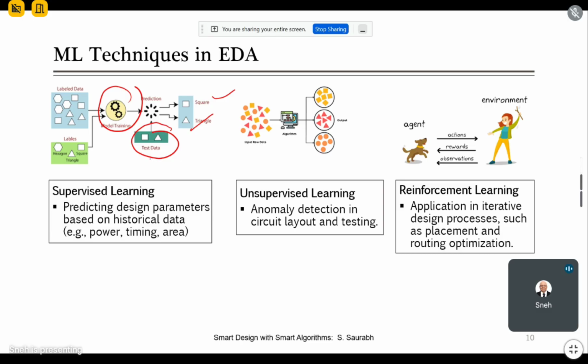For example, if you have an ANN, an artificial neural network, the neural nodes are connected using some weights. Depending on what reward you are getting, these weights will be modulated with each iteration or each example, and they move in a certain direction such that the reward is maximized. This is the whole idea of reinforcement learning.